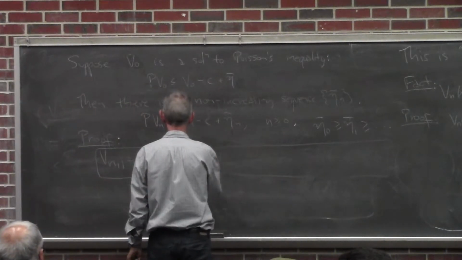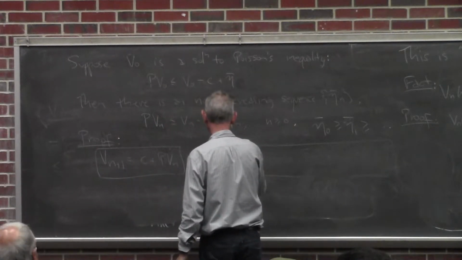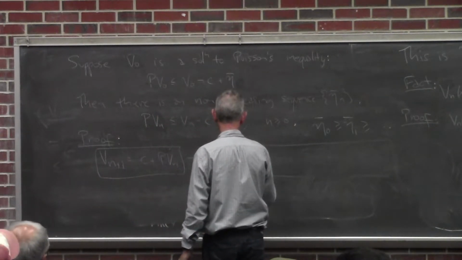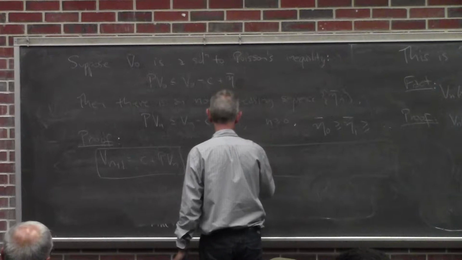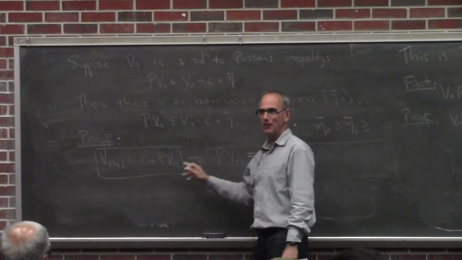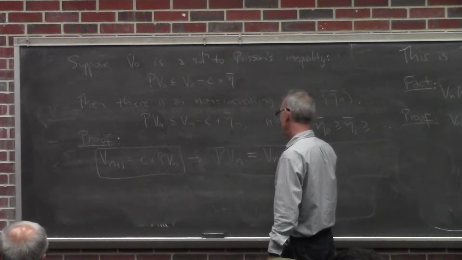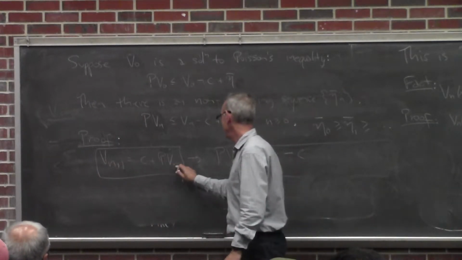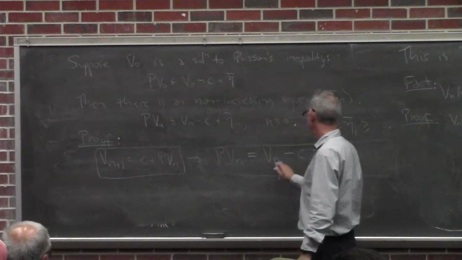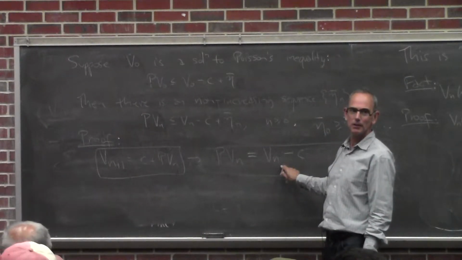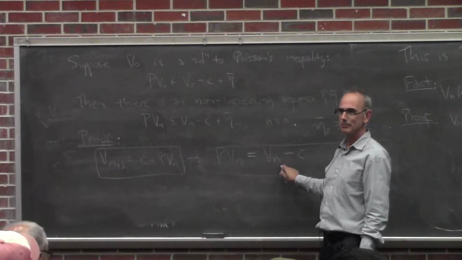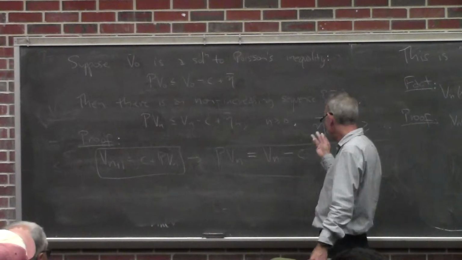What we're going to do, we're going to put that there. And I'll get an equality first. I've got an equality there, I've got an equality there. That's equal to Vn minus C. So PVn, I've got minus C. But I wrote Vn there, that's a mistake, right? Yeah, that's wrong.